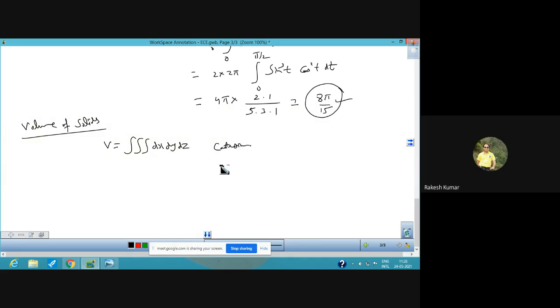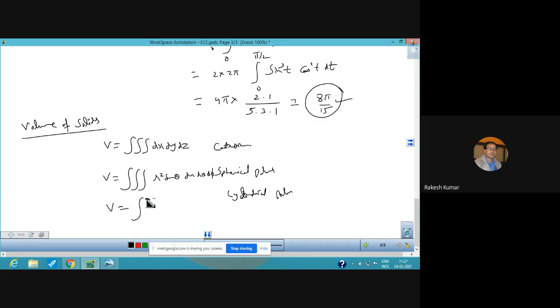Your polar form will give you spherical polar, and the spherical polar form will give the volume as the triple integral with Jacobian r square sine theta dr d theta d phi, and the cylindrical polar form will give you triple integral r dr d theta dz. So these are the three kinds of volume, whether you evaluate in Cartesian, spherical polar or cylindrical polar.